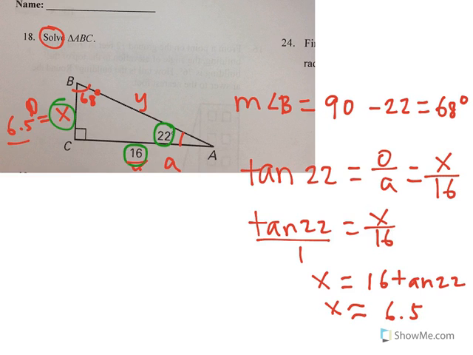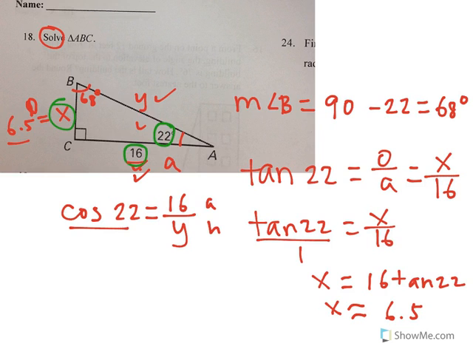So we know that in terms of the angle 22, the original side that is given and the hypotenuse, this would be adjacent and hypotenuse, so we know that would be cosine. So we can set up the cosine of 22 is equal to 16 over y. So that is adjacent over hypotenuse.